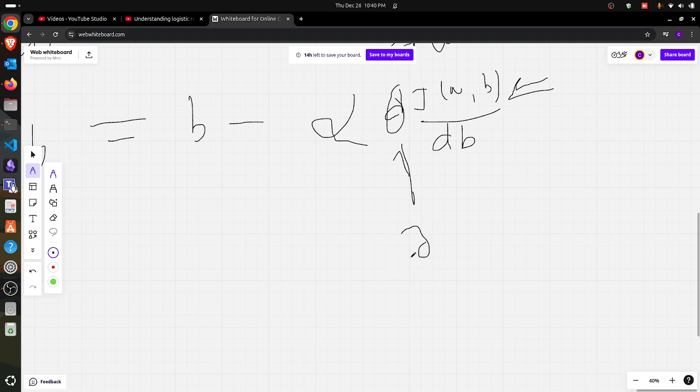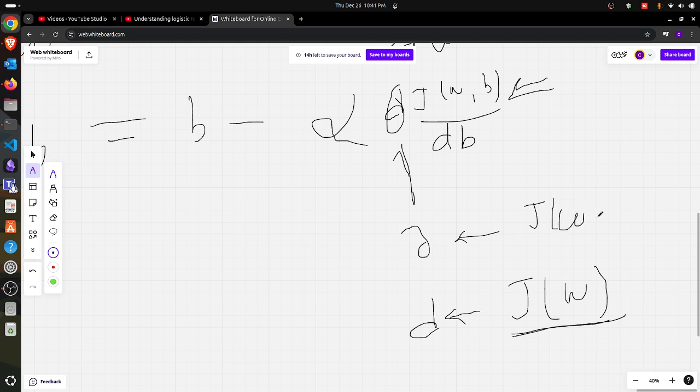So remember: we write this term when we have only one term in the cost function or any function that you're differentiating, and we use this one when you have two or more terms in the function that you are going to differentiate. So that's all for right now. One more thing: if J is a function of one variable, then we use the d. So yeah, that's it.